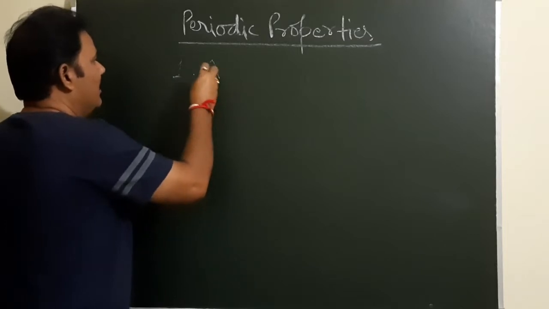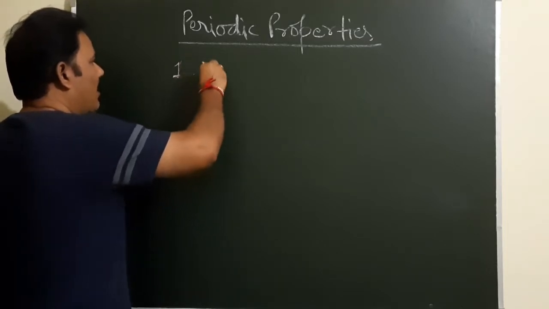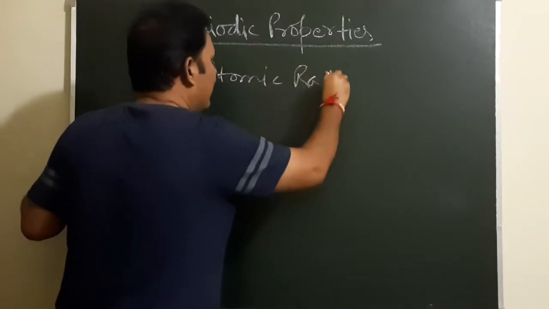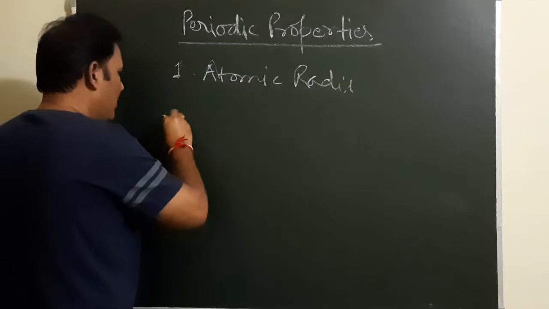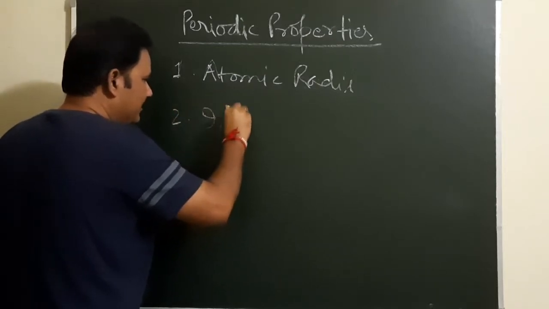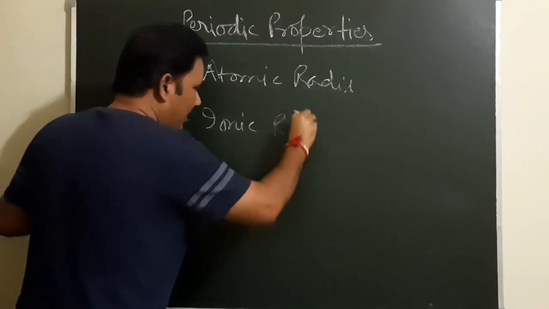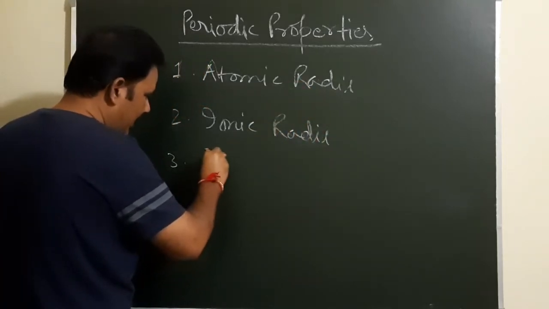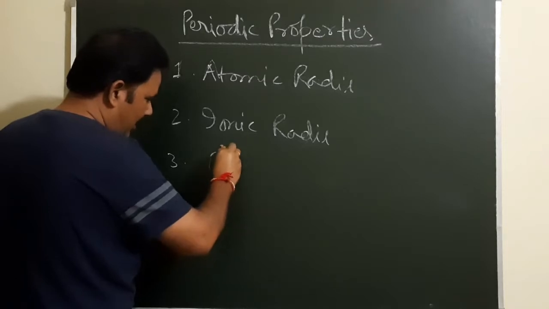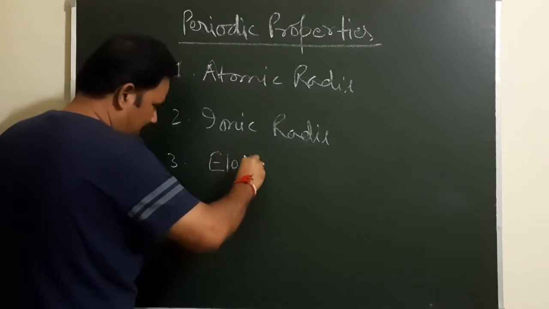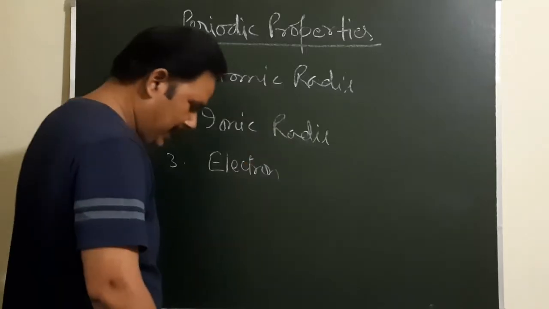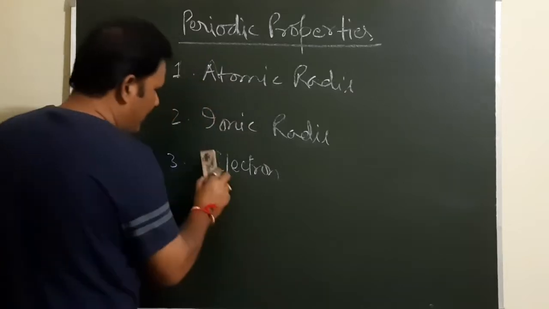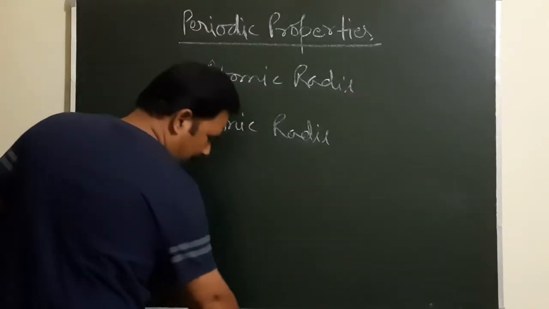Number 1, atomic radii. Number 2, ionic radii. We will discuss one by one. Number 3, electron gain enthalpy. Number 4, ionization potential.